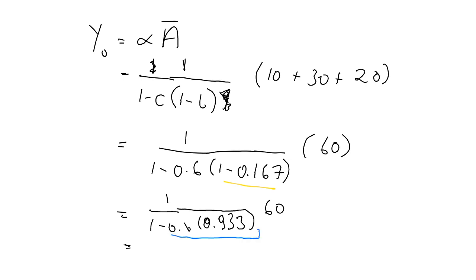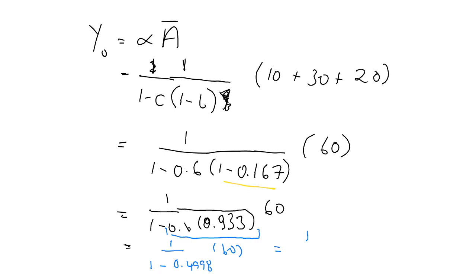So 0.6 multiplied by 0.833. What's the number that you get? Let me know what your calculator is saying. 0.4998, multiplied by 60. Okay, perfect. And if we subtract those two, we just round this off to 2 decimal places.